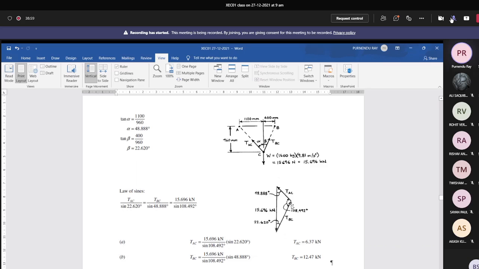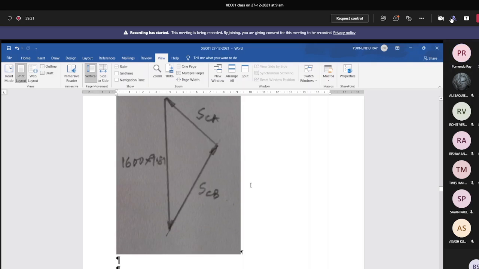Along this direction, there should be one line whose length should be proportional to the force TBC, and this should be force proportional to TAC. But we do not know the exact location. So what we do, we somehow select a location corresponding to these two directions.